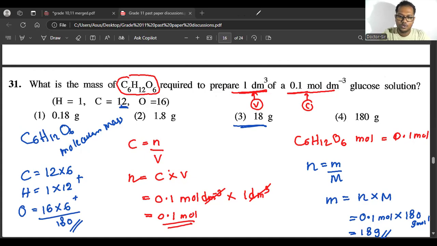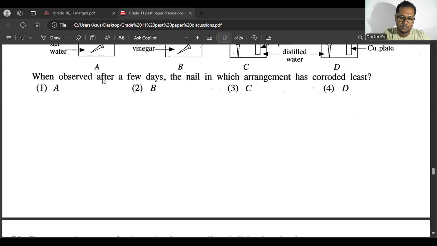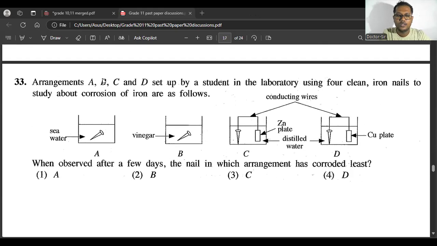Okay, now we move to the next part. Right, so question number 33.